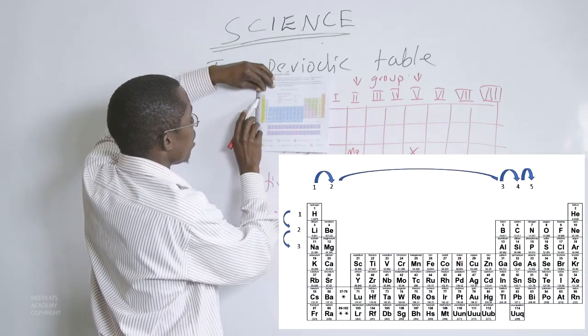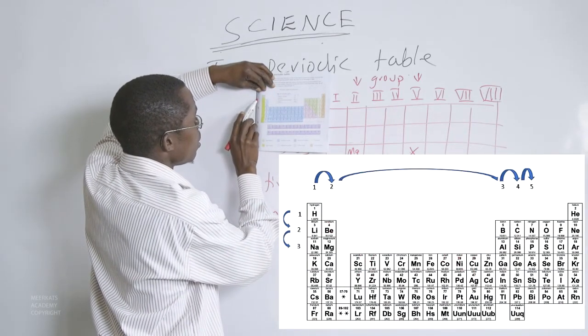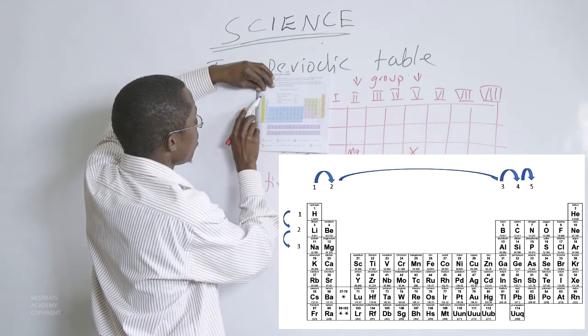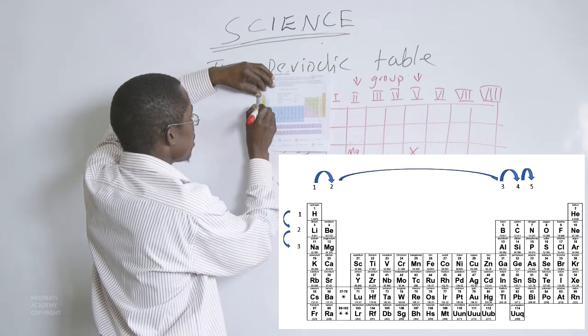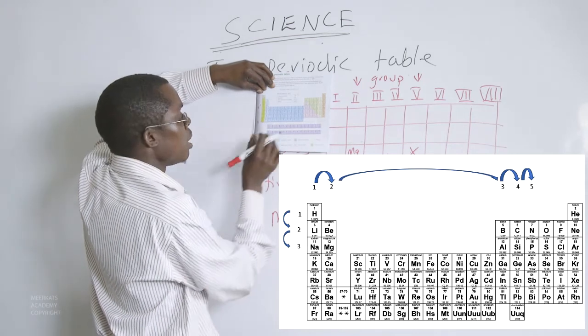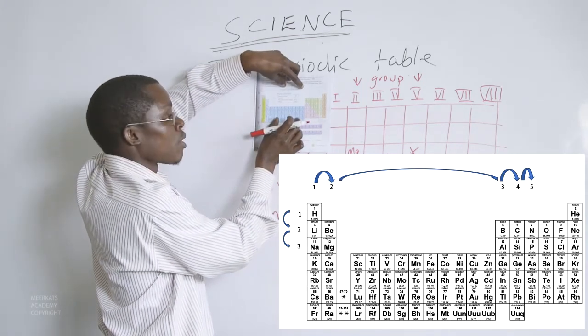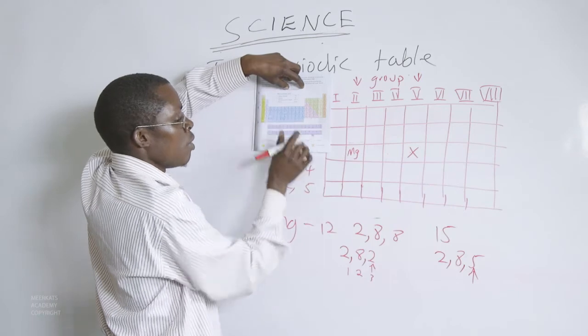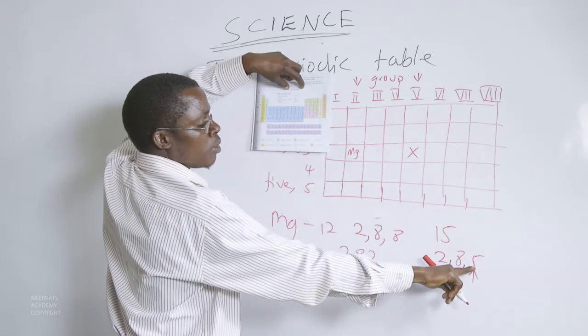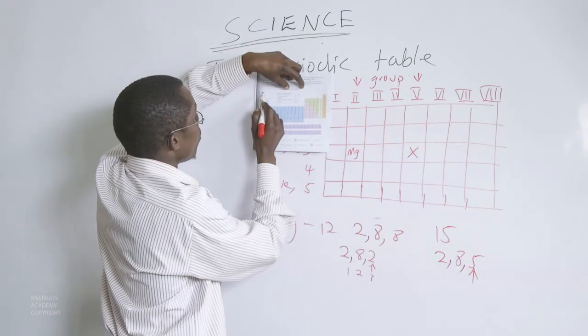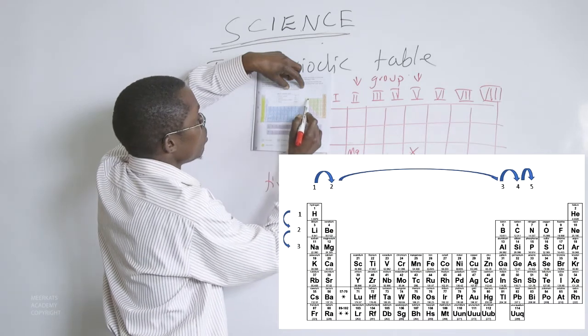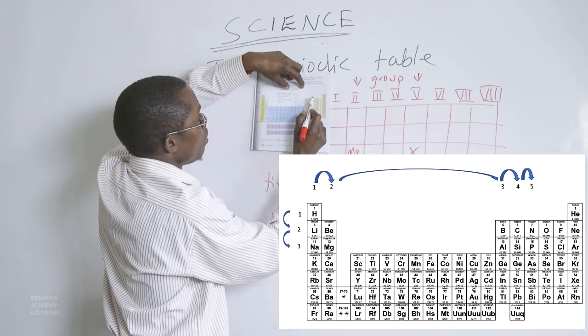Then we push out the transition metals, and we look at the outermost 5: 1, 2, 3, 4, 5.